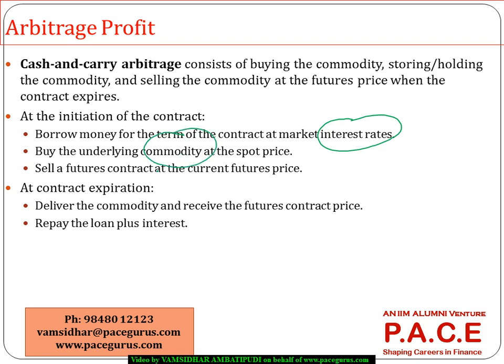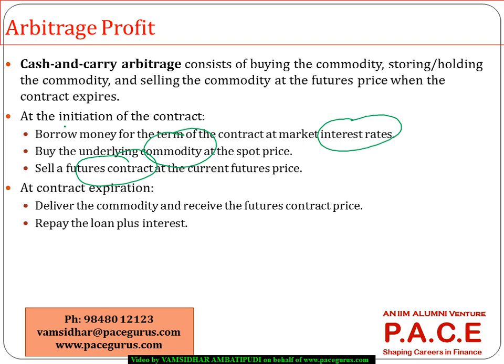Right? You will hold on to that commodity and you will sell a futures contract, saying you will sell off that commodity at a future date at some fixed price. Let's say after 1 year you are saying I'll sell off this commodity at 110. Today I have purchased it at 100.